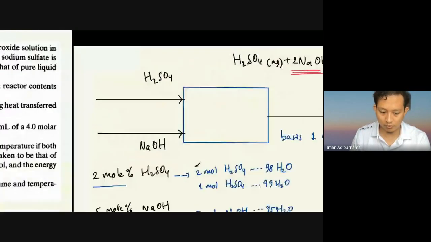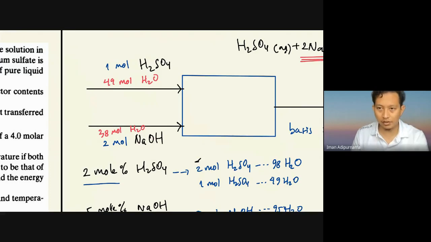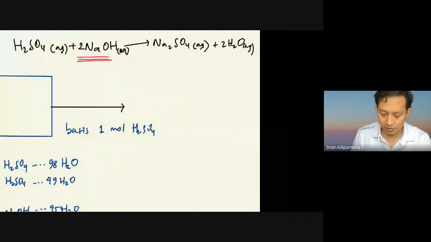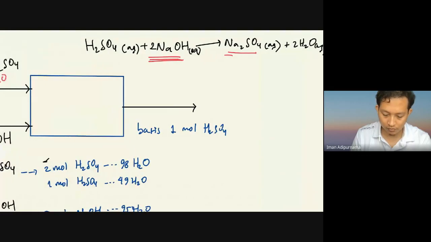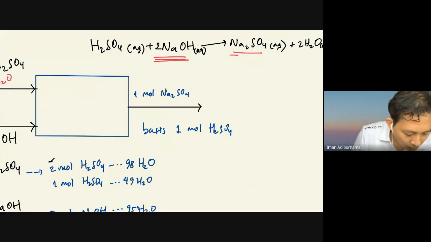So if this has 1 mole and this is 2 mole, it will have 49 mole water. This has 38 mole water at the feed stream. And the result is 1 mole of natrium sulfate.